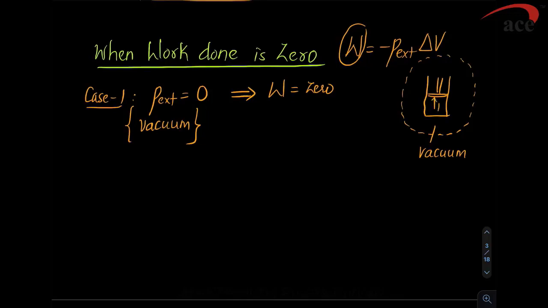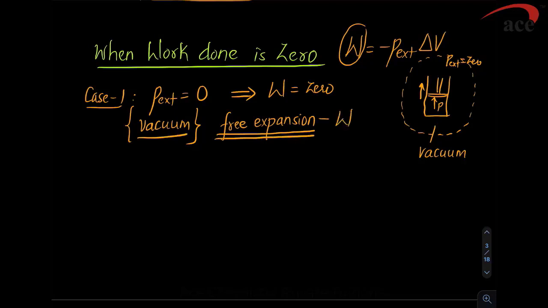Naturally, internal pressure will be far larger, external pressure is 0, so naturally the piston will move up. We call such a process free expansion, because expansion takes place without any restriction. So, remember, work done in a vacuum is called free expansion, and in free expansion work done is 0.